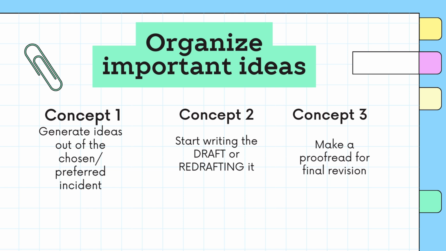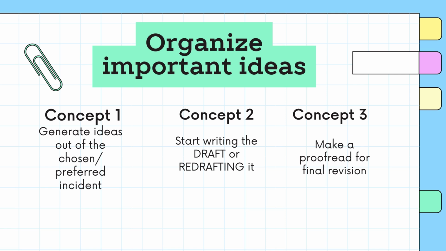So generating ideas may be done through brainstorming in your mind, making an outline, perhaps asking questions like the five W's and one H: what, when, where, who, and how.